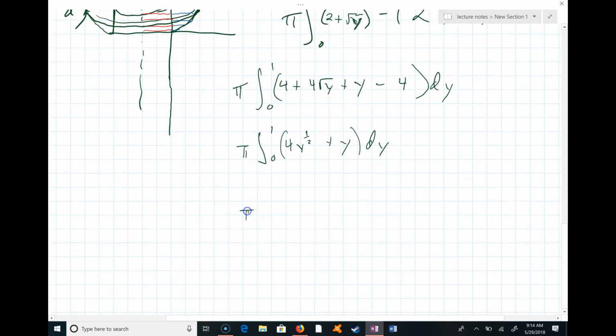And we get pi times, let's see, y to the 3/2 power. And so that would have to be 8 over 3 to get a 4 out there. And that would be 1/2 y squared. And all that's evaluated from 0 to 1.